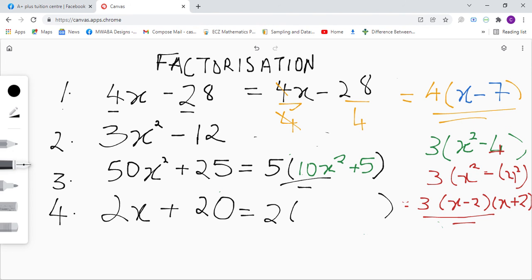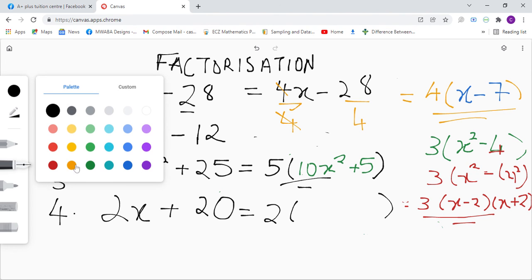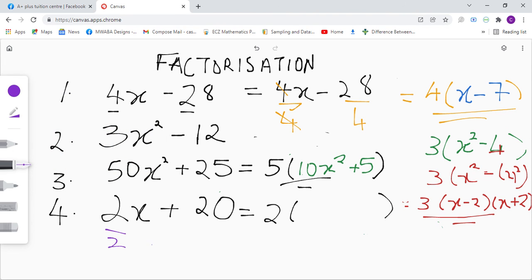We're going to divide everything by our highest common factor, that is 2. 2x divided by 2 is x, plus 20 divided by 2, that's 10. And you have factorized. It's as easy as that.